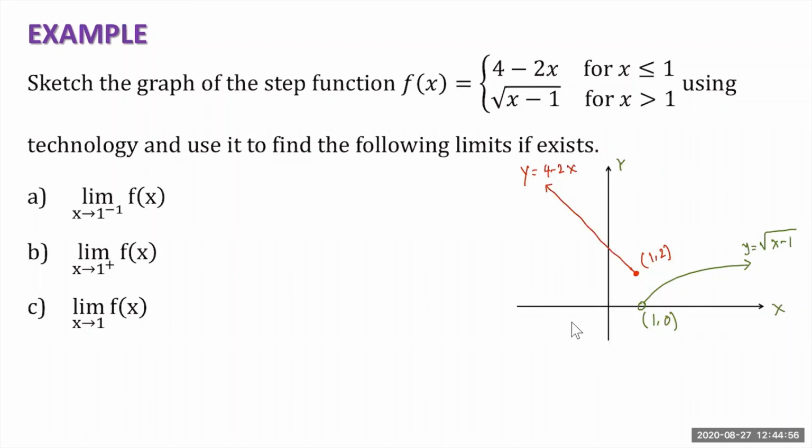The first part says we have to find the limit as x approaches 1 from the left. So this is x equal to 1.